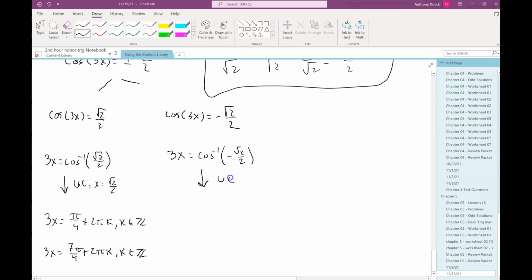And here we're going to go to the unit circle and look for where the x-coordinate is negative root 2 over 2. So that happens at 3 pi over 4, and also at 5 pi over 4.